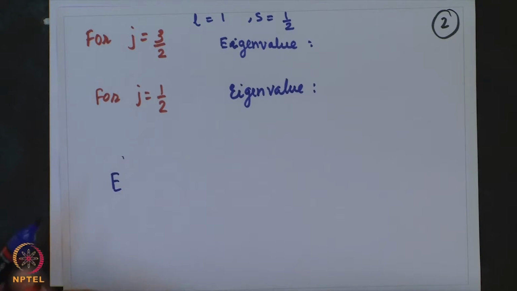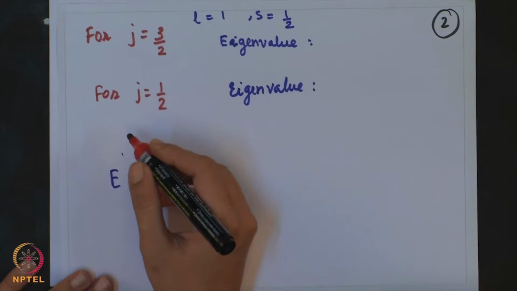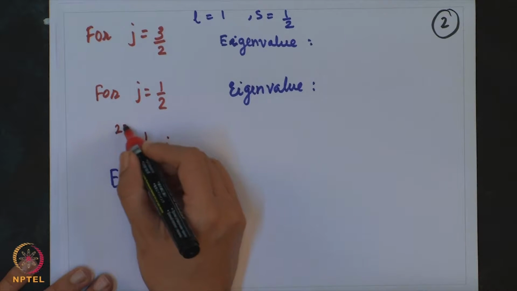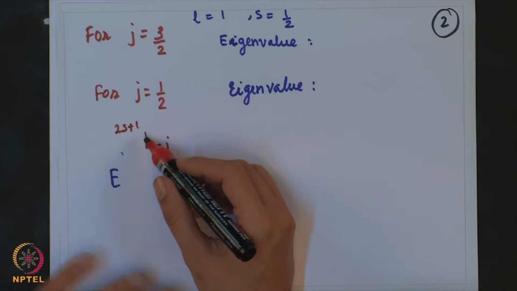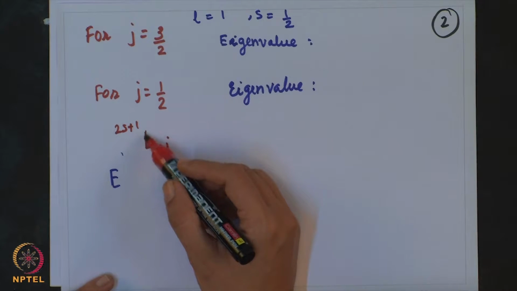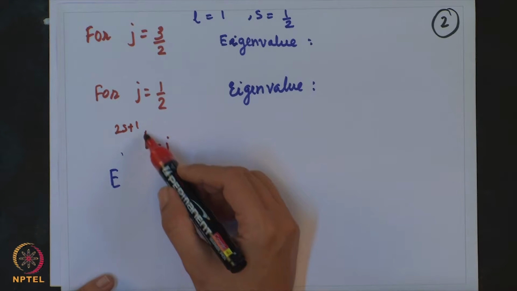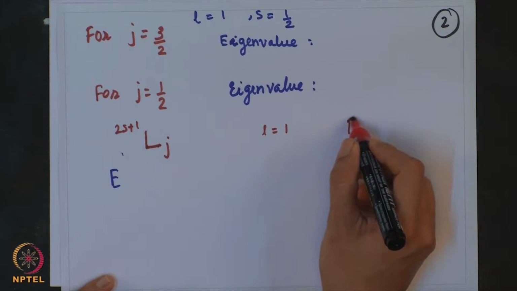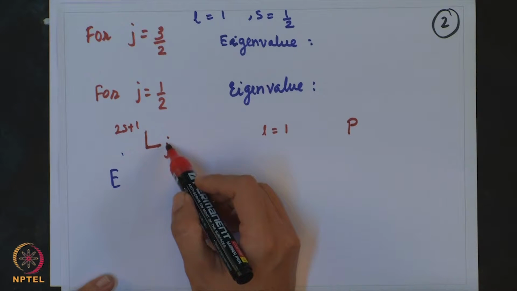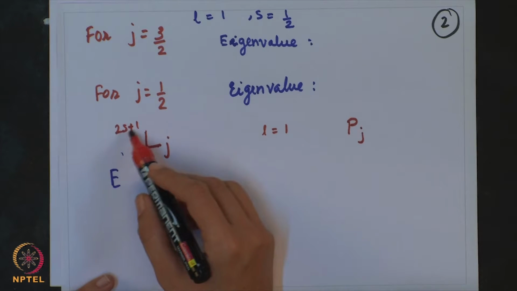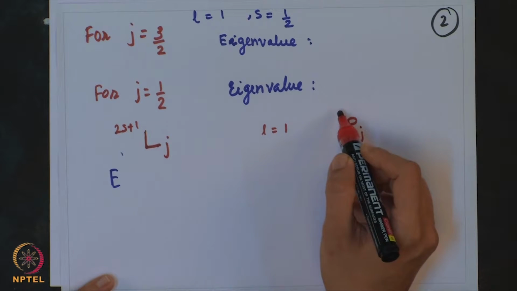Remember, before we go to that, the spectral notation, you all might be aware, is written as 2S plus 1, L, J. L corresponds to the state whether it is a P wave, S wave, D wave, etc. So, for us L is equal to 1, so it is a P wave, so you will have a P. Then for two different values of J, you will find out what is the J here, and 2S plus 1 in our case is 2, correct.